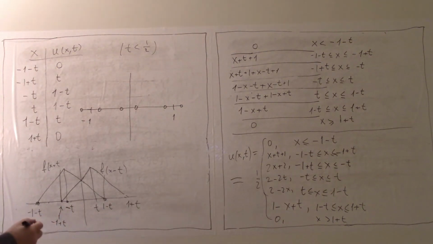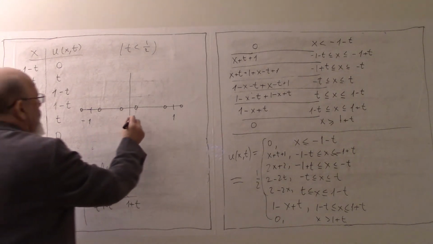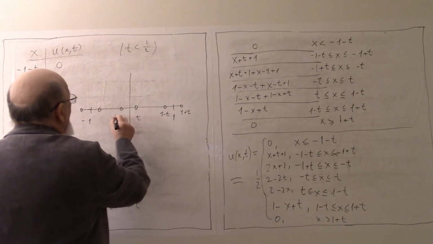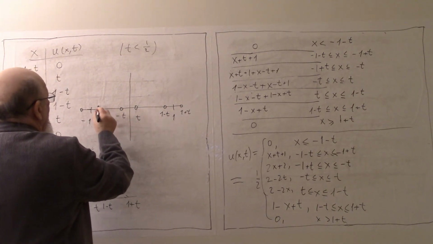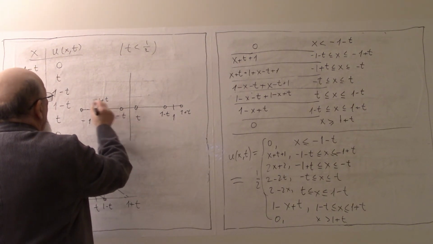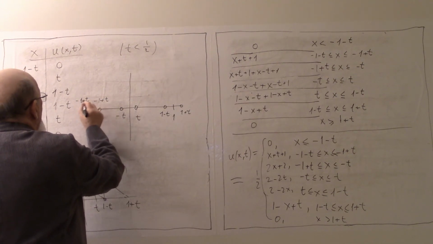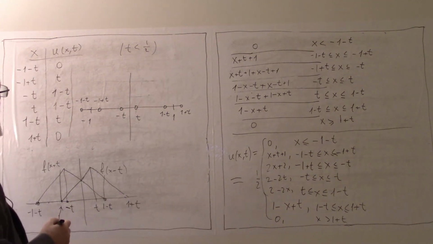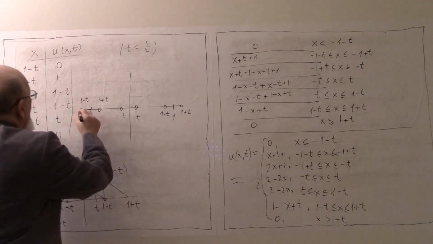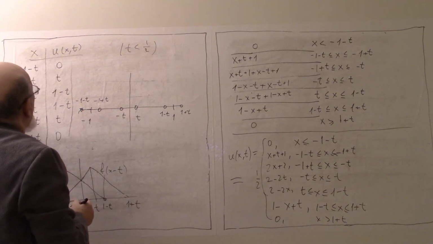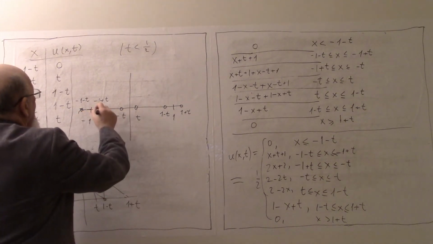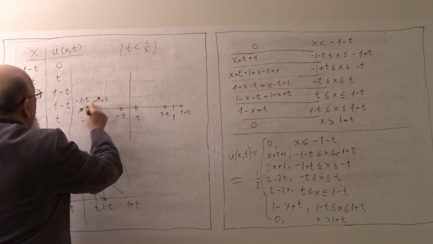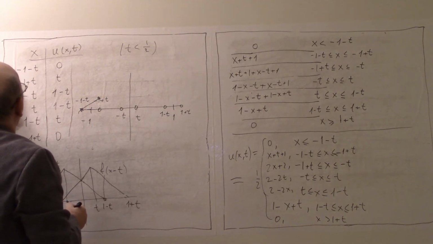So here we have these points: t, 1 minus t, 1 plus t, minus t, minus 1 plus t, minus 1 minus t. Here we have 0. Here we have t. In between the function is linear, of course.